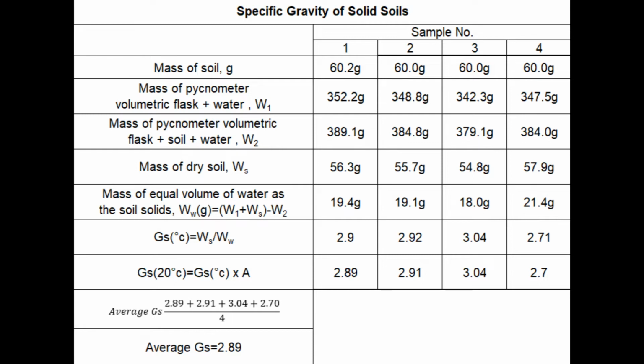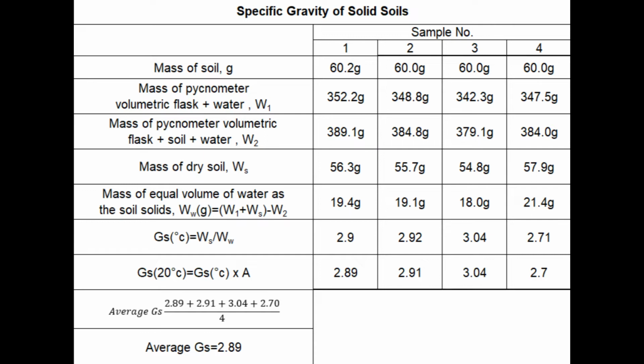Next, we have the mass of the pycnometer plus the soil and plus the water. As we have already measured it using the weighing scale, we have the following results: 389.1 grams for sample number 1, 384.8 grams for sample number 2, and so on and so forth.